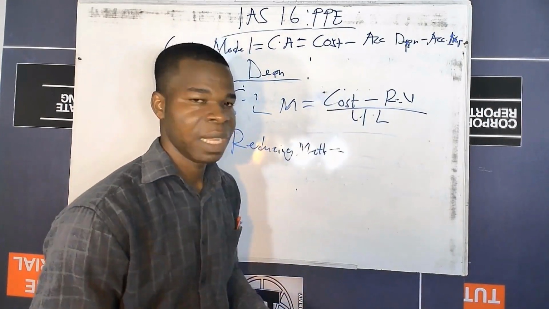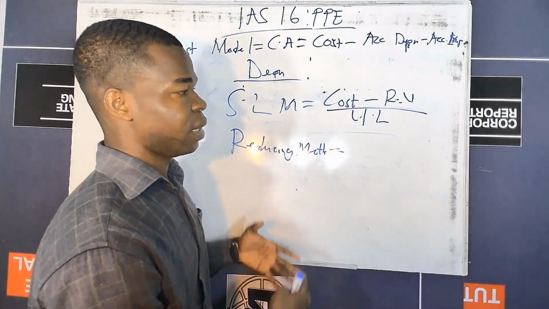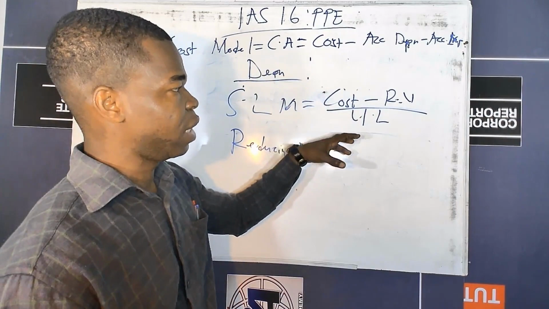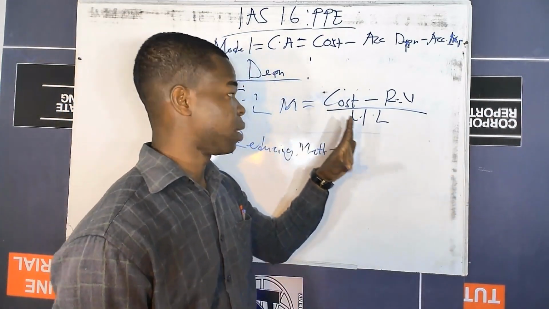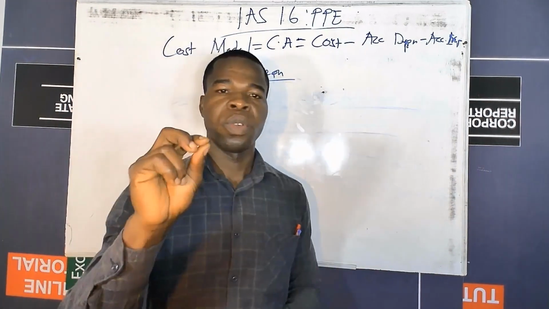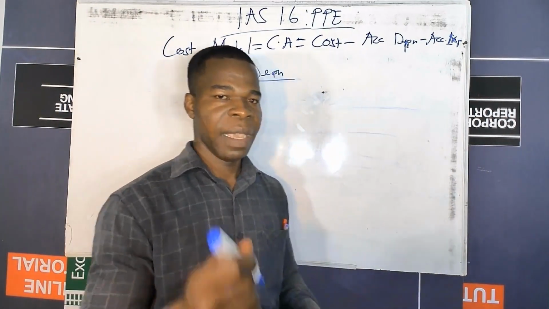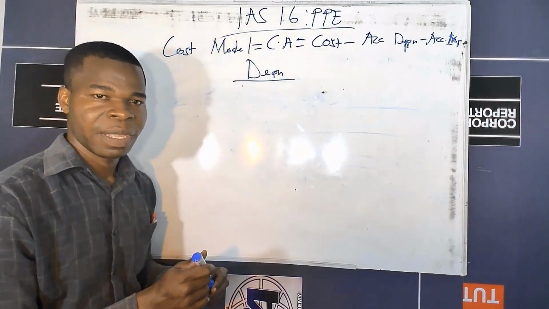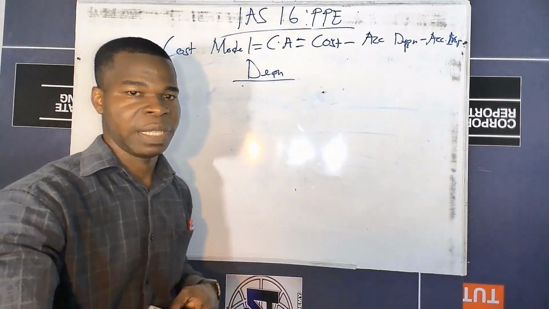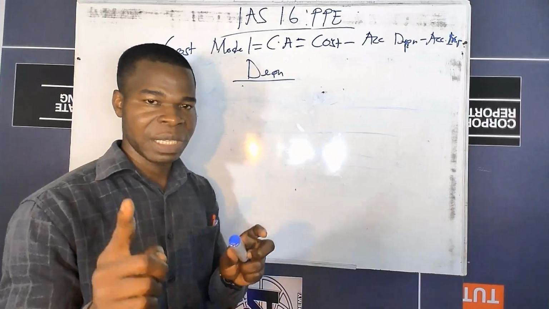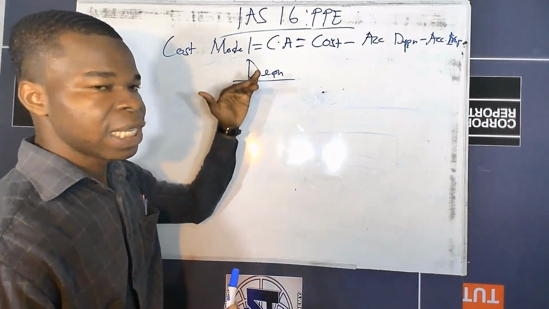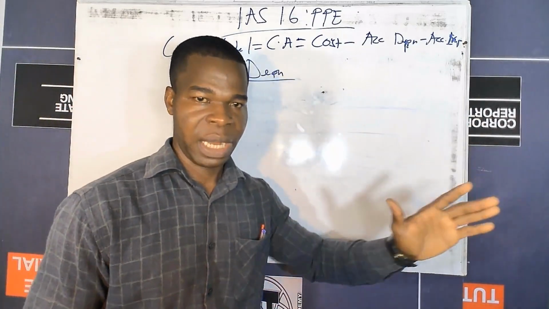We've done this, or we know what this entails, so I don't want to go deeper into the methods of depreciation, but rather look at the key important things under depreciation. One thing you are supposed to note is that anytime you are acquiring an asset and the asset has major components, and each major component's useful life can be determined, then the asset is supposed to be depreciated separately.